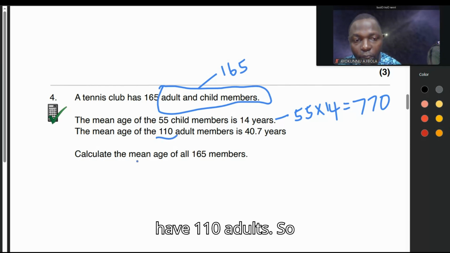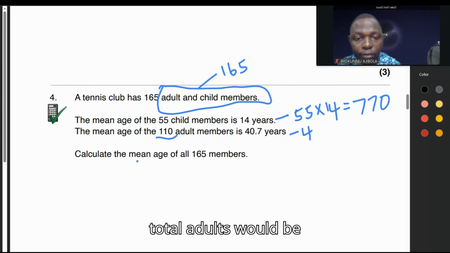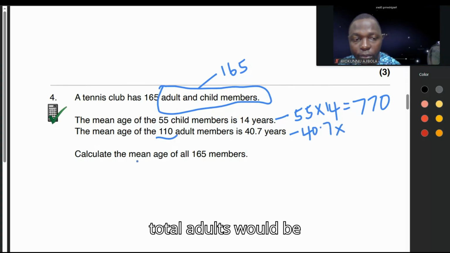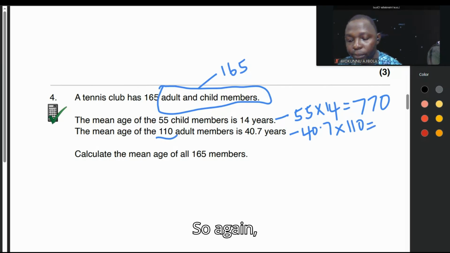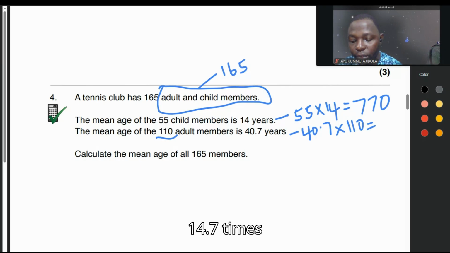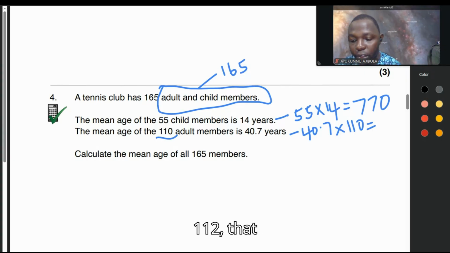So the total of the adults' ages will be 40.7 times 110. That is 4477.